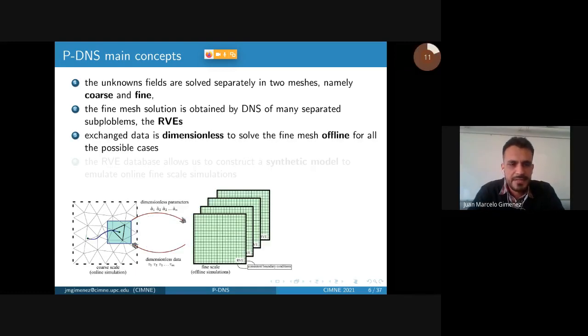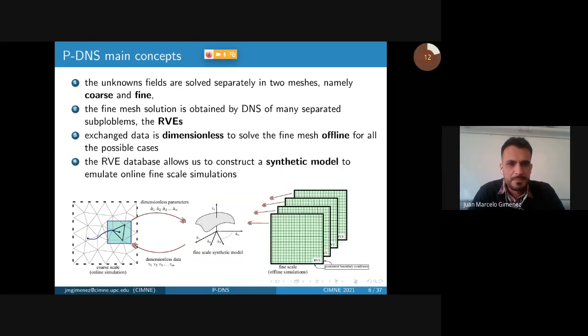But I think the main advantage of pseudo-DNS is that the RBE solutions are computed in a pre-process, in an offline computation, because we solve the RBE for dimensionless parameters. I will show you in next slides more about that. This offline process allows us to construct synthetic models representing the microscale or the fine scale to perform coarse scale simulations.